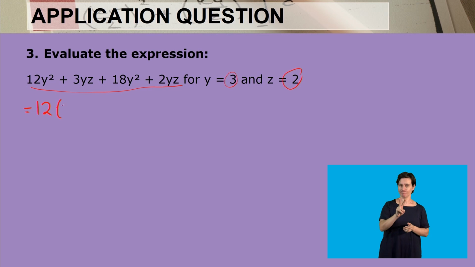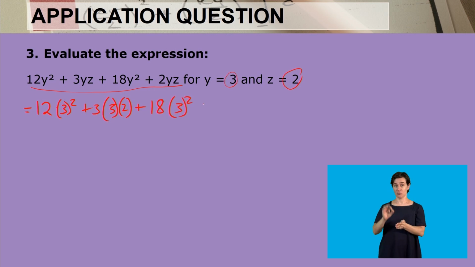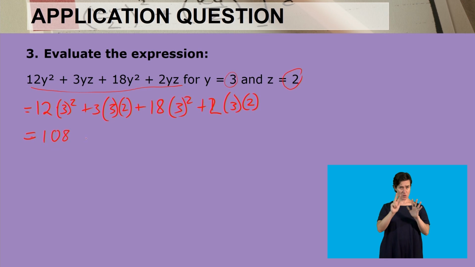Instead of y squared, we now have 3 squared, plus 3 y, z is 2, plus 18, y squared is 3 squared, plus 2, y is 3 and z is 2. 3 squared equals 9, and 9 multiplied by 12 is 108. 3 times 2 is 6, multiplied by 3 is 18. 3 squared is 9, multiplied by 18 is 162.